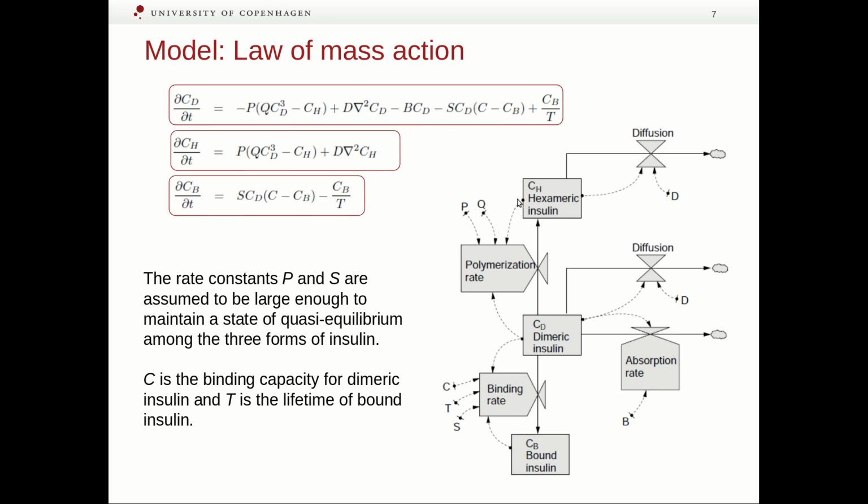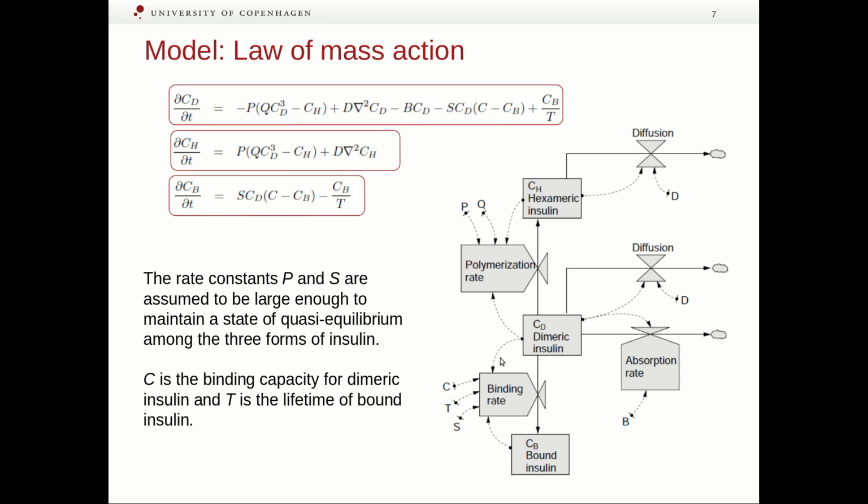And what happens as you reduce the total amount of insulin in the injection site is that you actually shift the relative significance of the different forms of insulin. In the flow diagram, we can follow here that there's a transition between dimeric and hexameric insulin. It shifts so that as the insulin concentration becomes higher, there will be more hexameric insulin and less dimeric insulin.